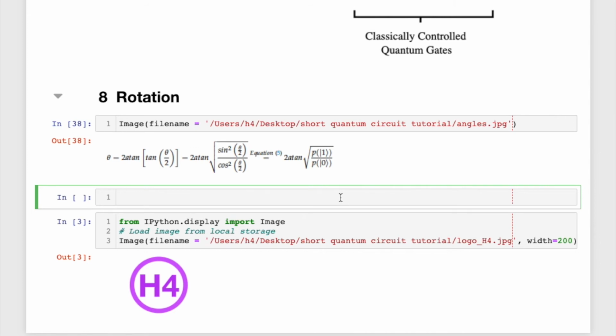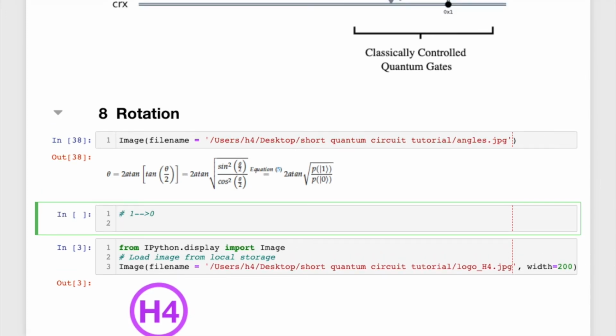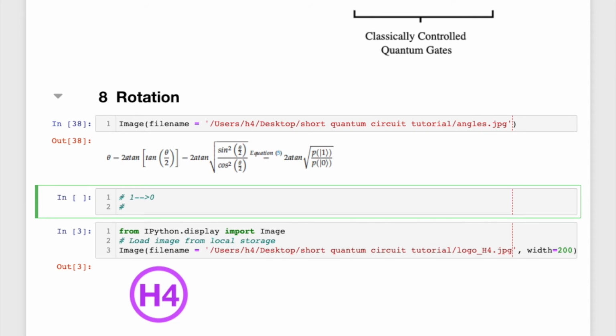I will apply this logic to the design of a 3-qubit quantum circuit, and I will try to do it step by step. Qubit 1 is connected to qubit 0, and qubit 2 is connected to qubit 0.